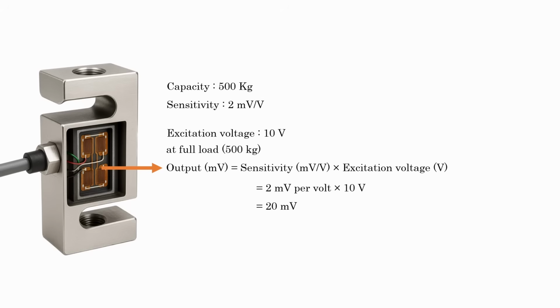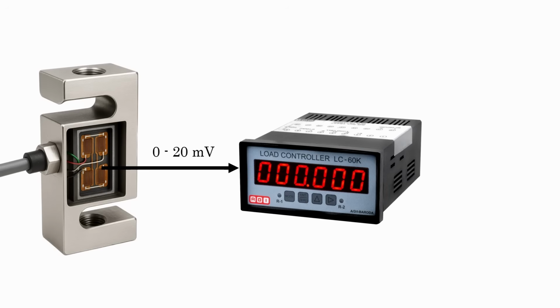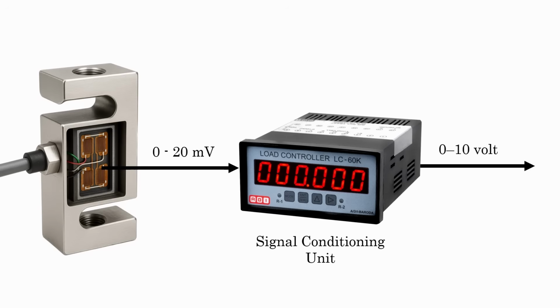So the full scale raw signal from the load cell is just 20 millivolt, and the PLC cannot read this directly. So the 20 millivolt first goes into a load cell controller, the signal conditioning unit. This amplifier increases the weak 20 millivolt signal to a standard range, typically 0 to 10 volt or 4 to 20 milliampere.